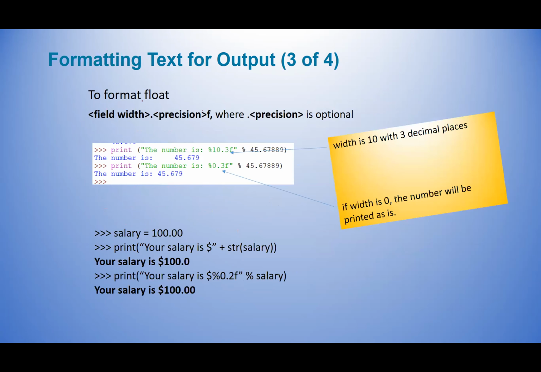To format a float, you will have the field width followed by a dot, followed by the precision, followed by F, which means float. So let's see this one. You must have this percentage, and this is the width. That's how many columns you want to have.